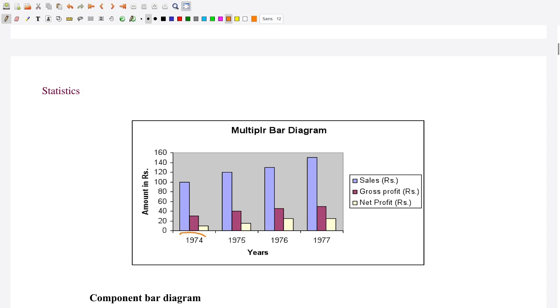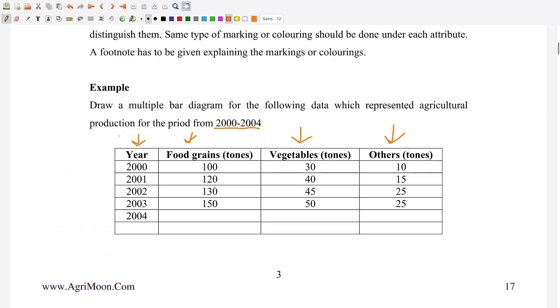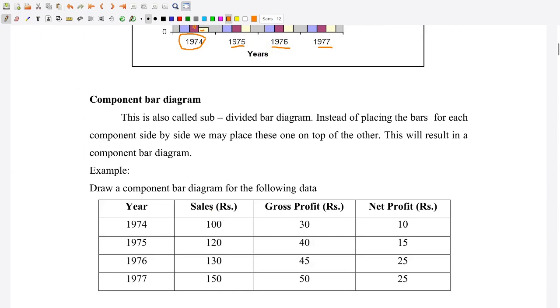For the year 1974, we had three columns, one for sale, one for gross profit, one for net profit. According to them, in the year 1974, we have marked these three bars. Similarly for other years also we have marked bars. So we can also draw a multiple bar diagram for various characteristics given in the data.